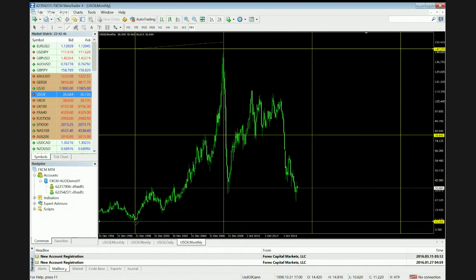Some lines are important in Gann system. This is called 1 by 1. This is called 1 by 2. And this is called 1 by 3.